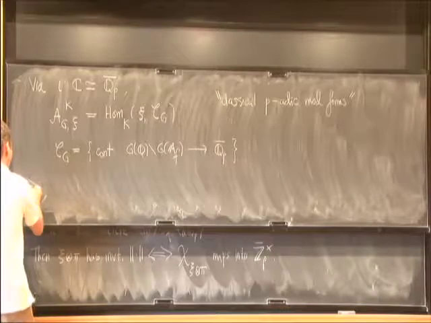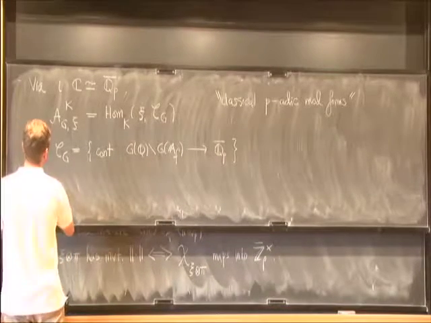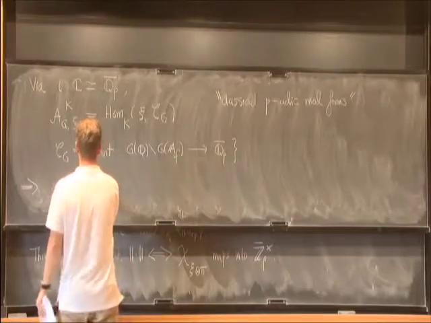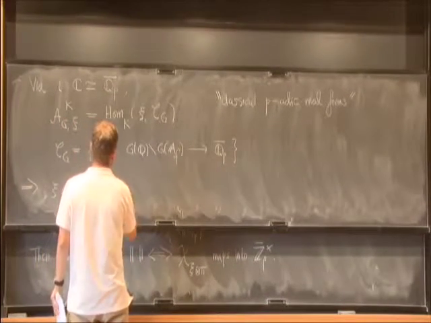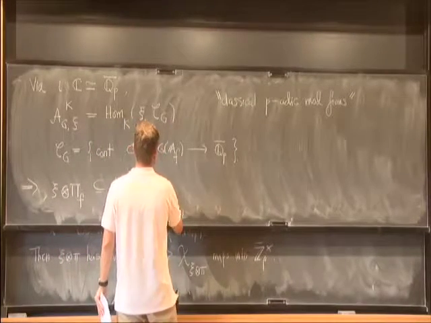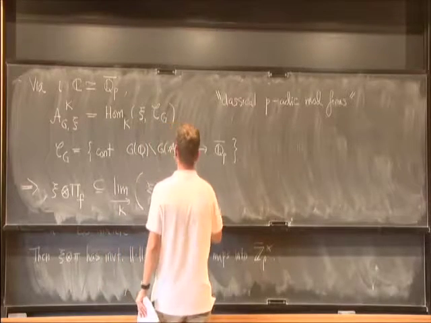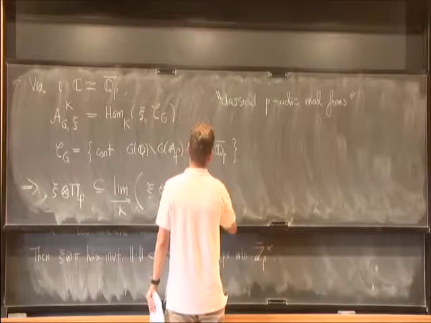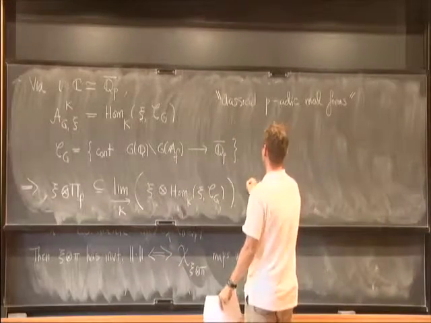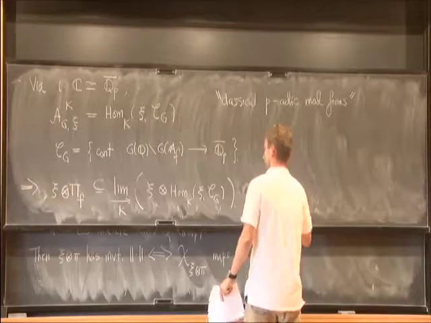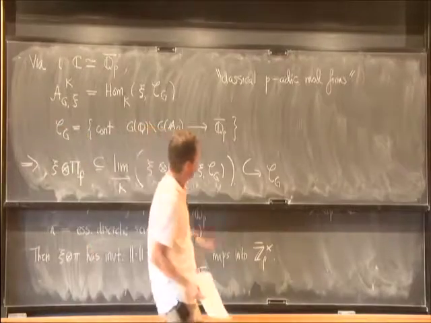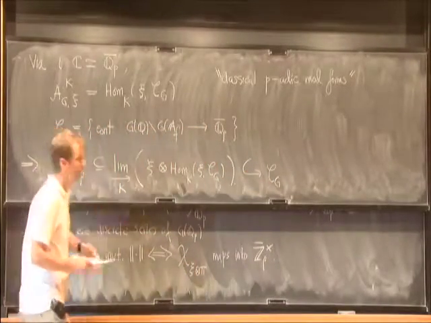So this implies when you look at psi times of pi f, well, this sits inside the direct limit or the union of psi tensor these Homs. And by evaluation, this sits inside C G. You check that everything is compatible, and you just restrict the sup norm to that submodule.